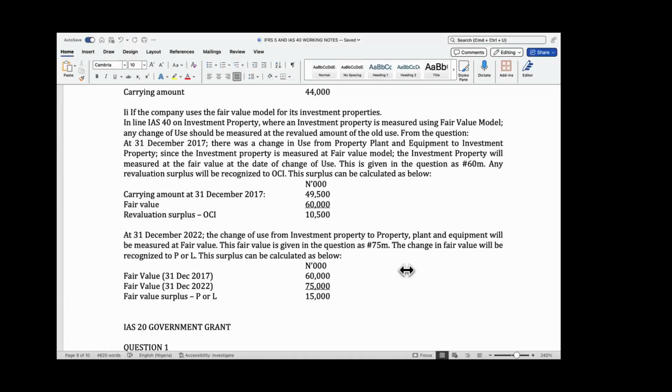Okay. So, Ufama, I don't understand your question. Hello, sir. Hello, Ufama. So I was saying in IAS 16, when you use a revaluation model, does it still imply that we will not depreciate it?